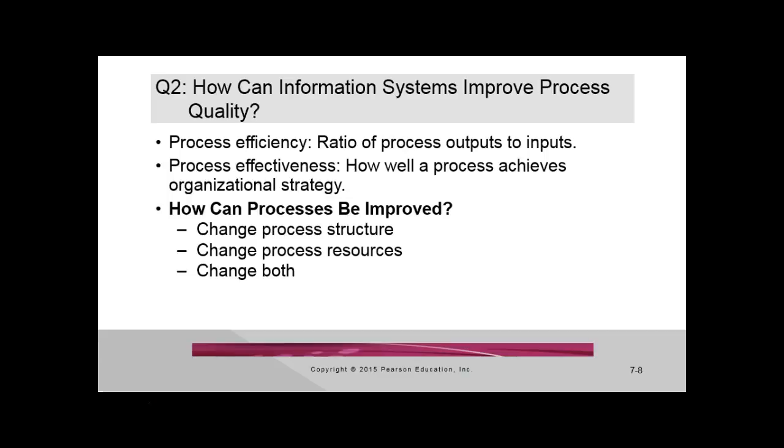Efficiency versus effectiveness. When we think about businesses, how do we classify something as effective? Go ahead. Something that's worked the correct way numerous times. Okay. So the correct way numerous times is effective. You're doing the right thing.